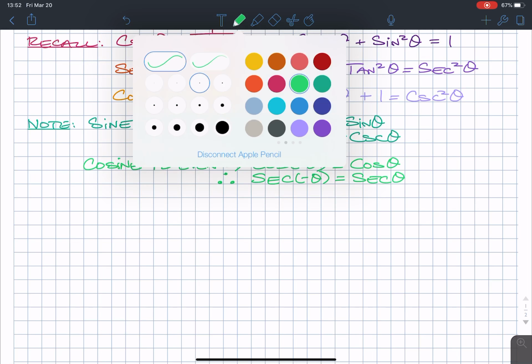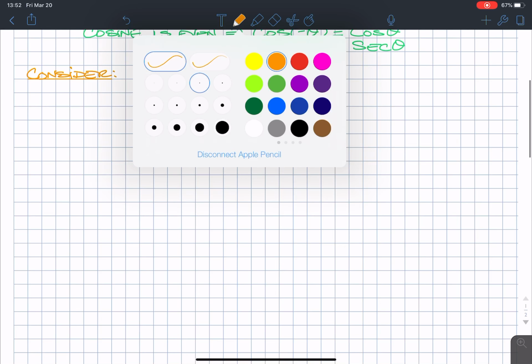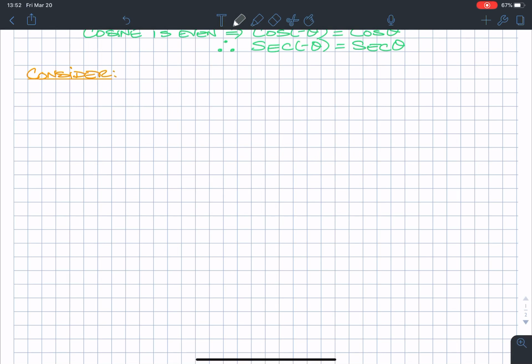Okay, so let's consider, I'm going to plot both sine and cosine on the same set of coordinate axes. So let's consider theta versus f of theta coordinate axes. Horizontal is theta, vertical will be f of theta.